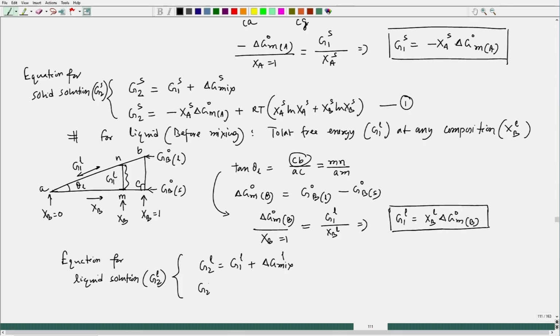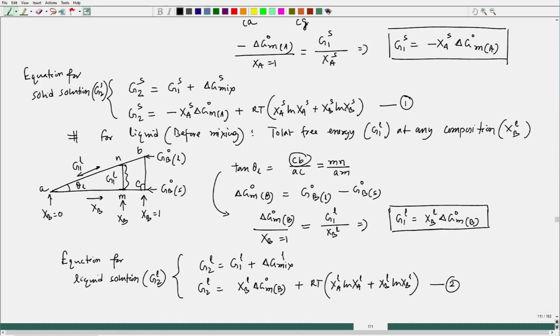So, I can take G1 as XB liquid delta G naught M B plus RT times XA liquid ln XA liquid plus XB liquid ln XB liquid. Okay, fine. So, now we got the equation for G2L, and this can be termed as 2.